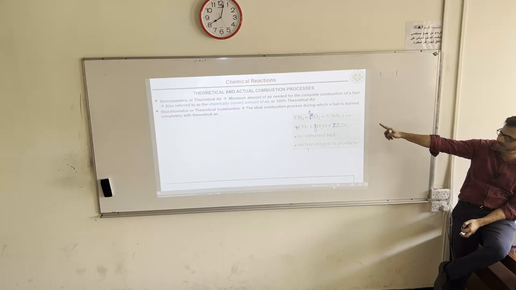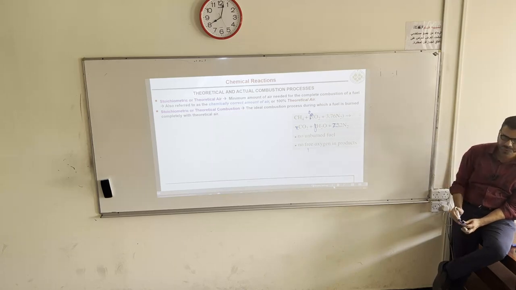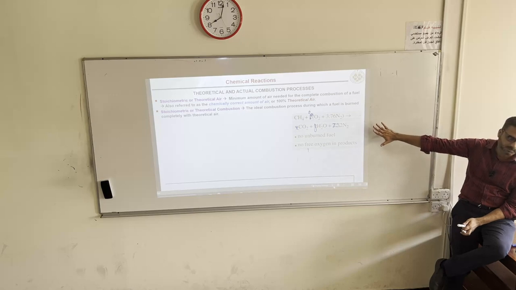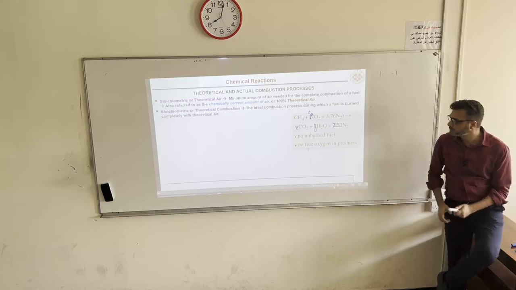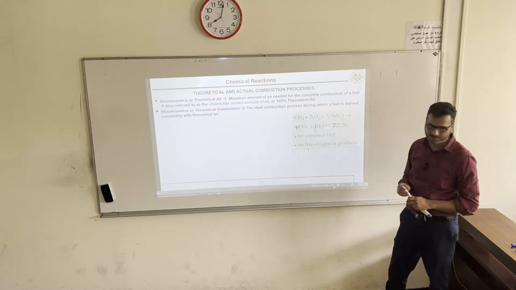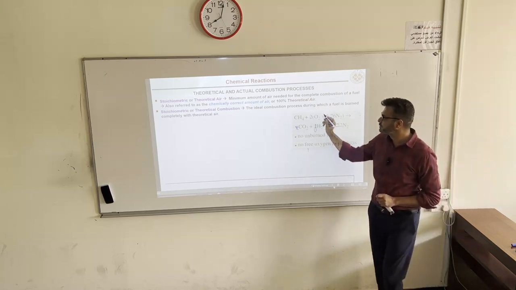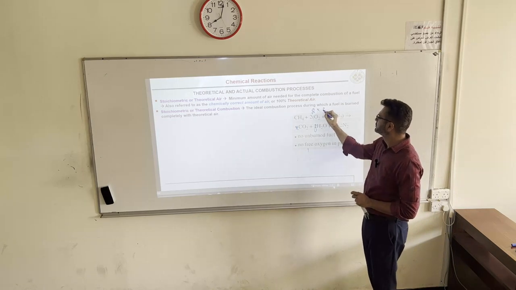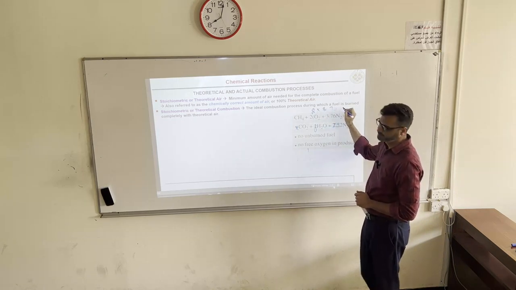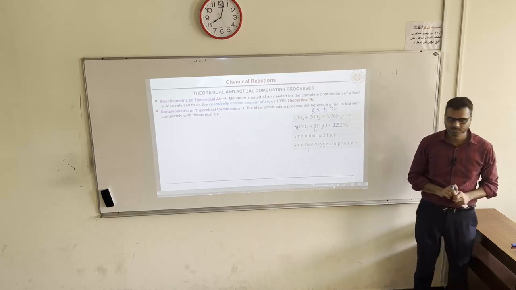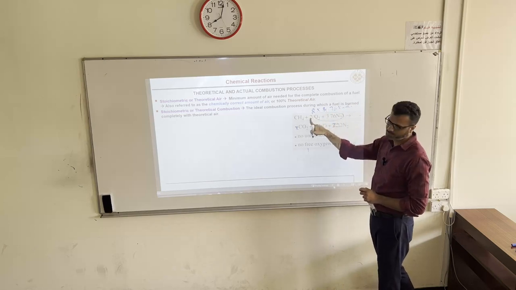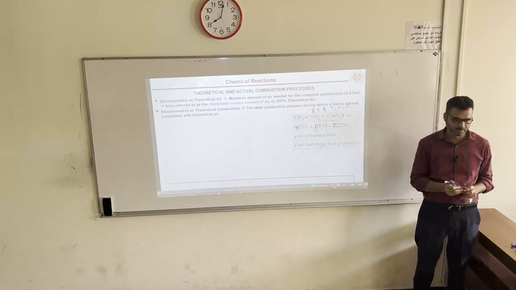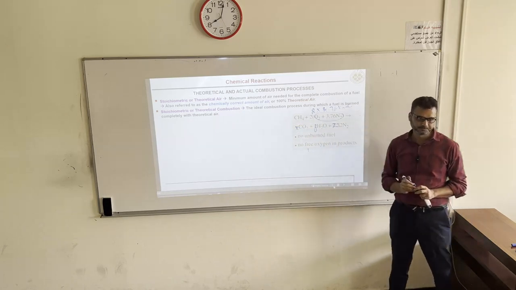This is an example of complete combustion: there is no unburned fuel and no free oxygen in the products. So the stoichiometric amount of air here is 2 into 4.76 kilomoles of air. That is the theoretical amount of air required to burn this fuel completely.